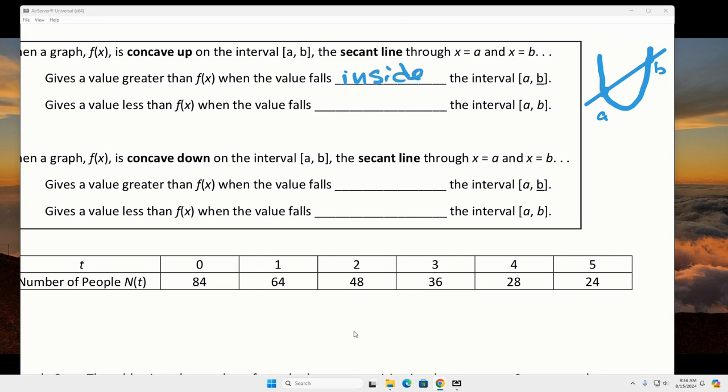Because if you look, inside, the secant line is higher than the original function. All right, and then outside A and B, the original function is higher than the secant line. So it's going to give a less value when it falls outside of the interval.